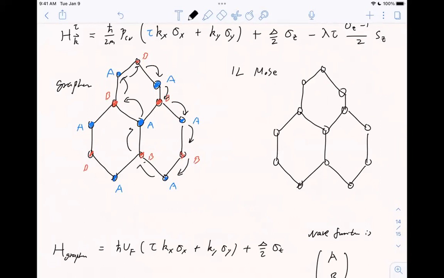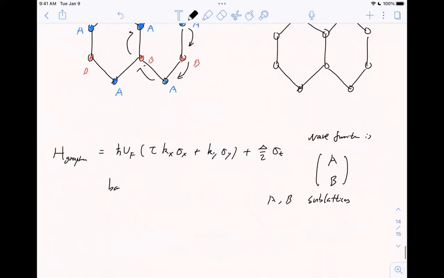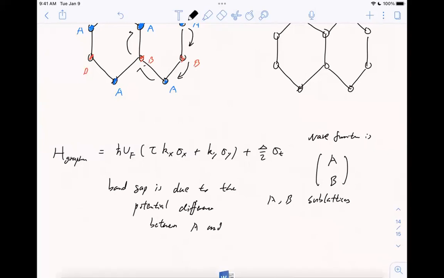If you apply different potential on A and B, like in boron nitride, you open the gap. So the band gap is due to the potential difference between the A and B sites.